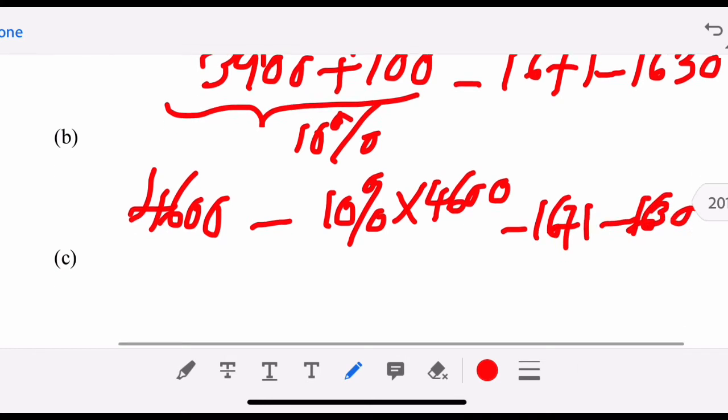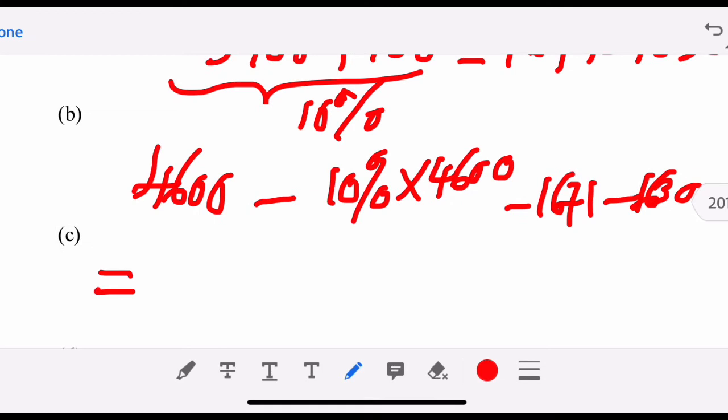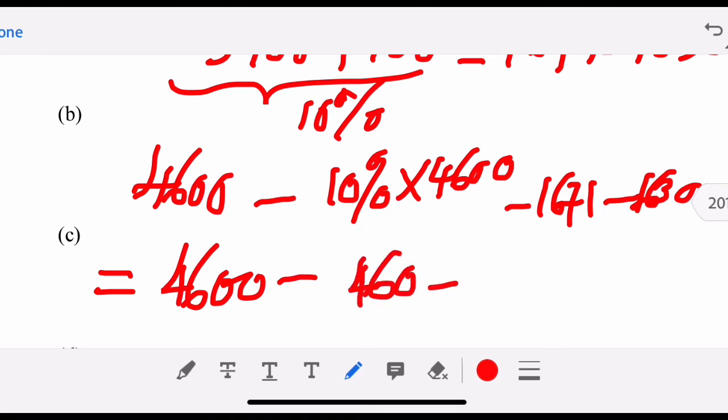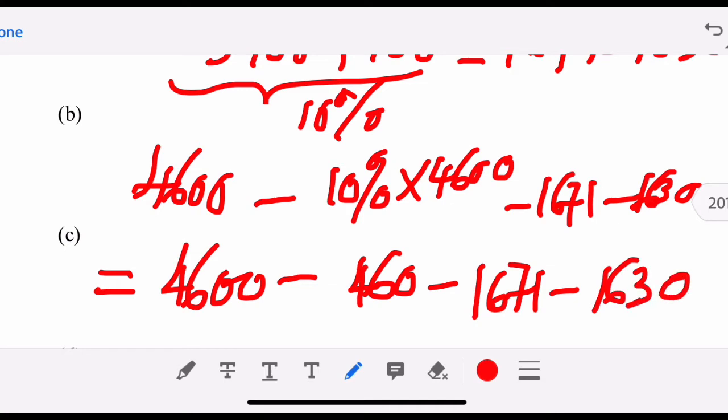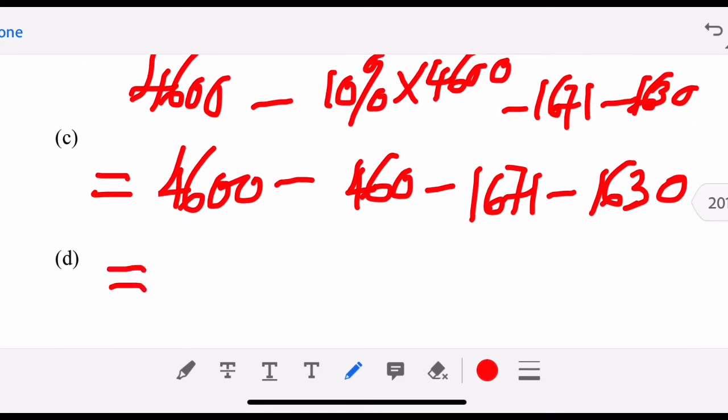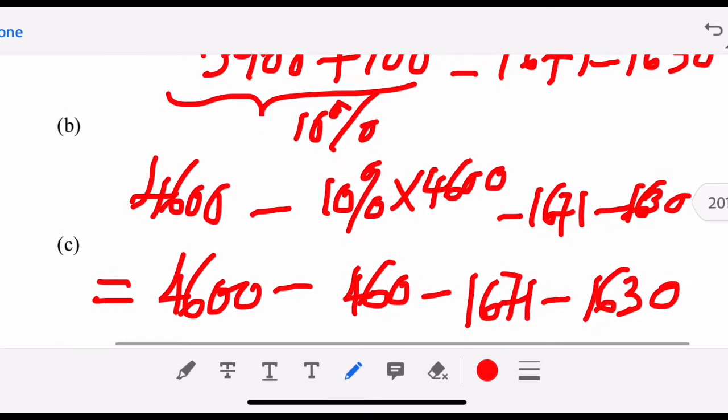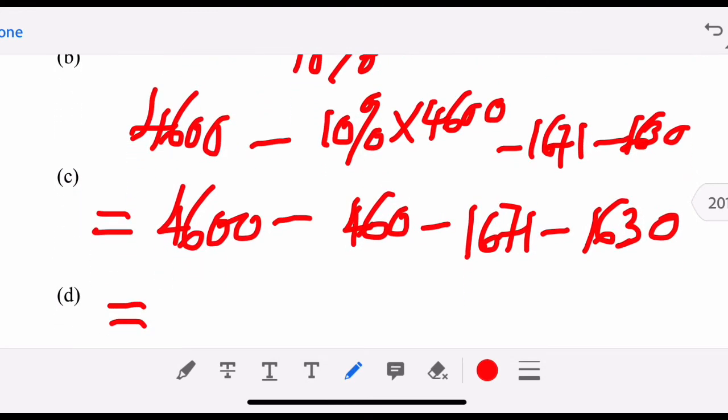We want to know whether she actually got surplus or there is a balance or not after minus out the saving 10% and the fixed expenses and variable expenses. So this one is actually 4,600 minus 460 minus 1671 minus 1630.